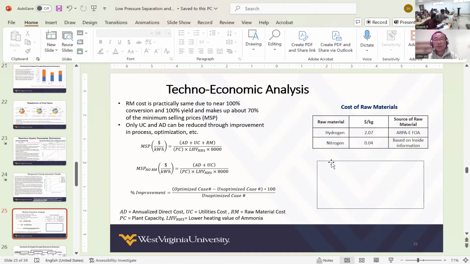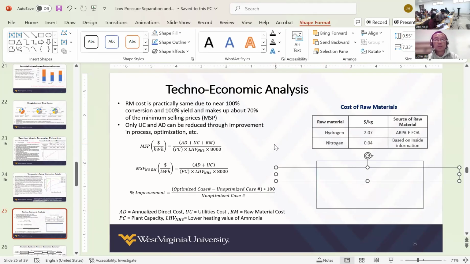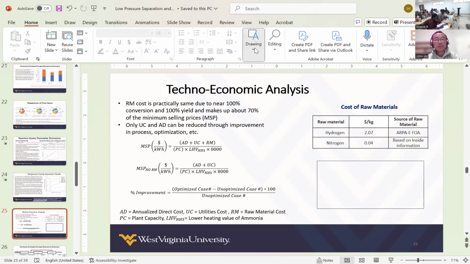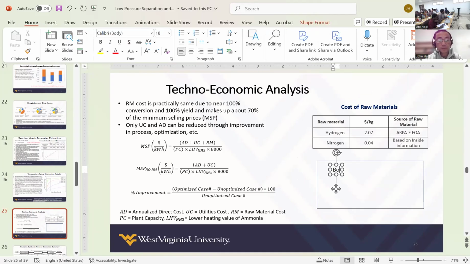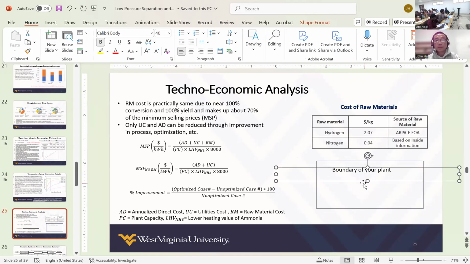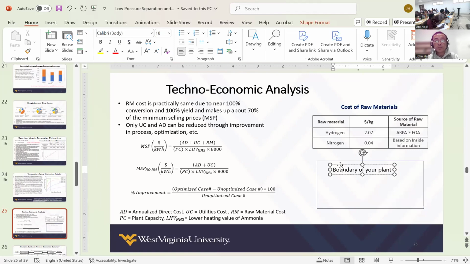So this square shape is the boundary of your plant.